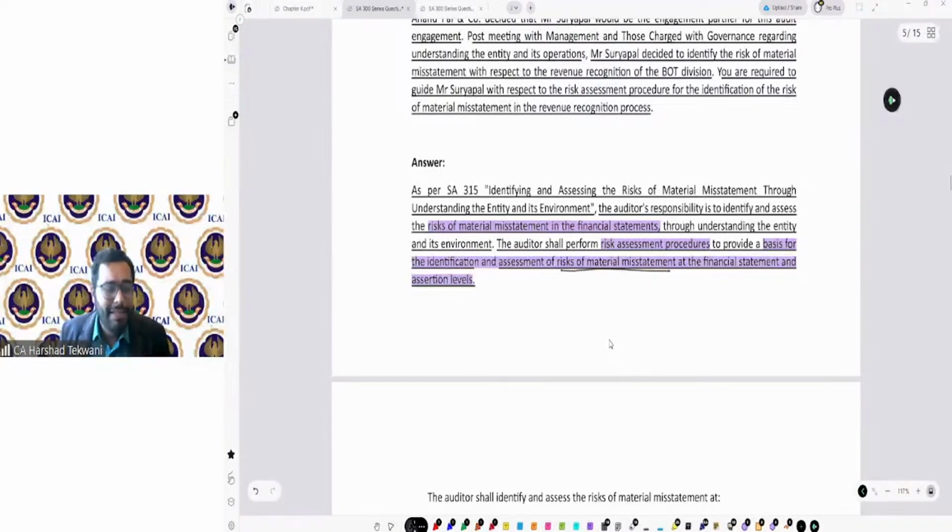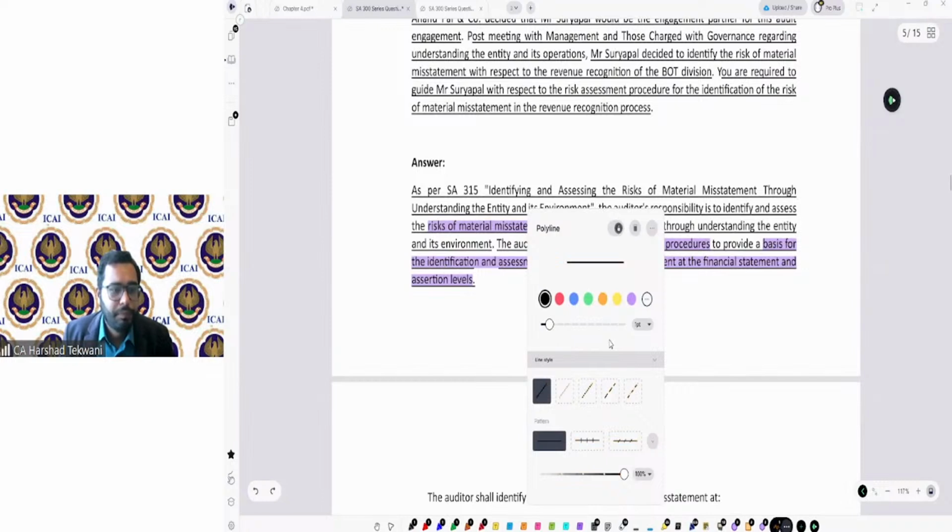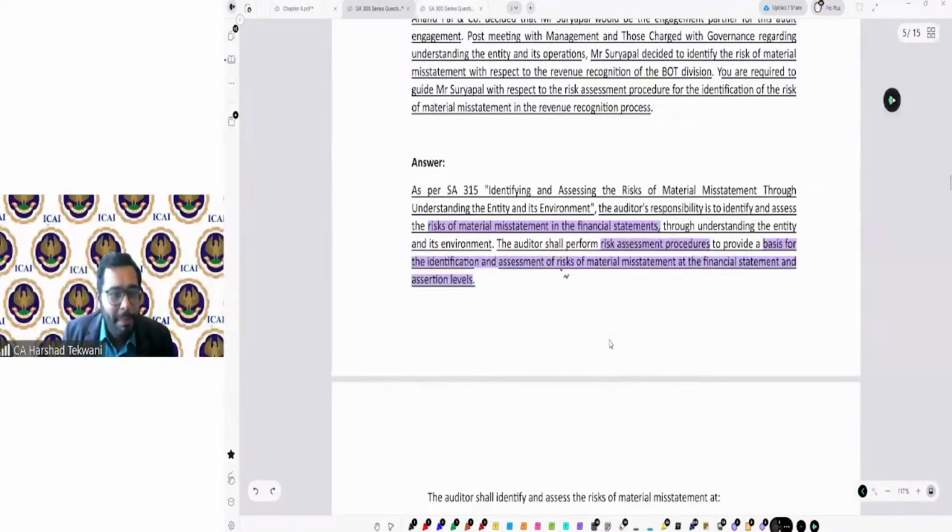I should not write this as only risk. People at times try to write this particular term. I'll tell you how. Some people write risk of material misstatement at the financial statement level.